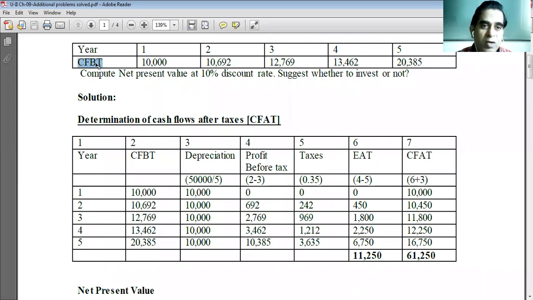They don't even bother to check the B in CFBT, and simply calculate net present value with cash flows before depreciation and taxes, and the answer will be wrong. So I hope you understood, students, what the twist in this problem is.